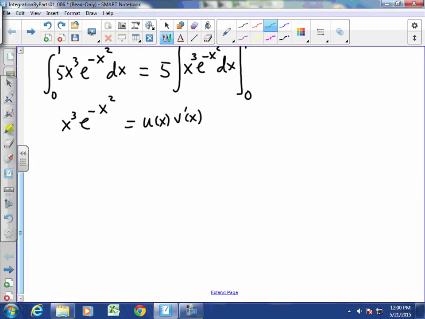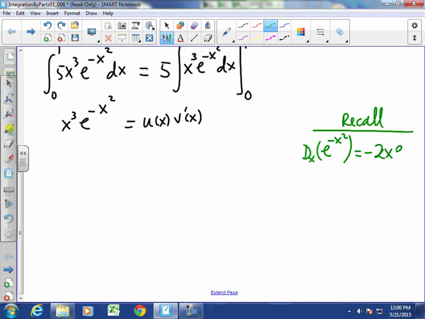So recall, by observation, the derivative of e to the negative x squared is negative 2x e to the negative x squared.